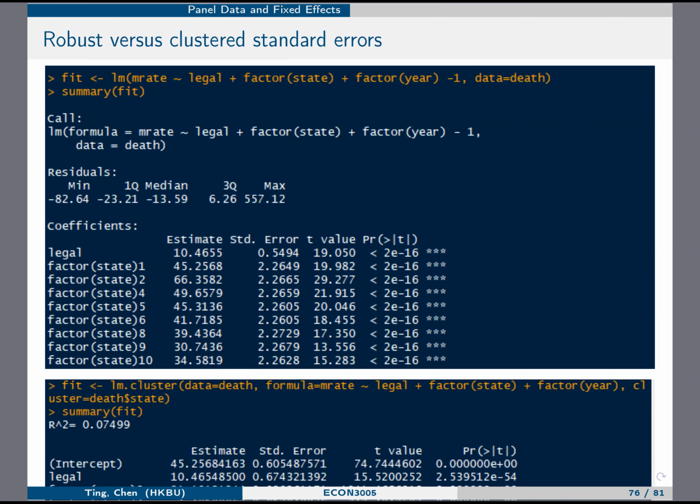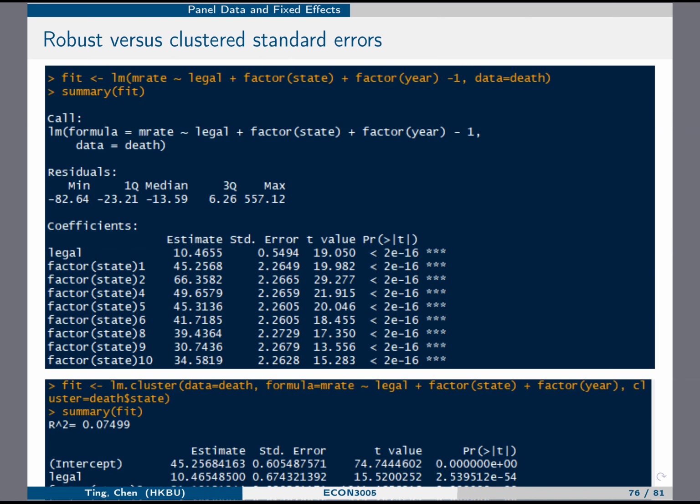And this is the result we have. No matter whether you apply the robust standard error or cluster standard error, you only change the standard error, but it doesn't change the estimate of your coefficient. So again, as before, we have the estimate of this legal variable.